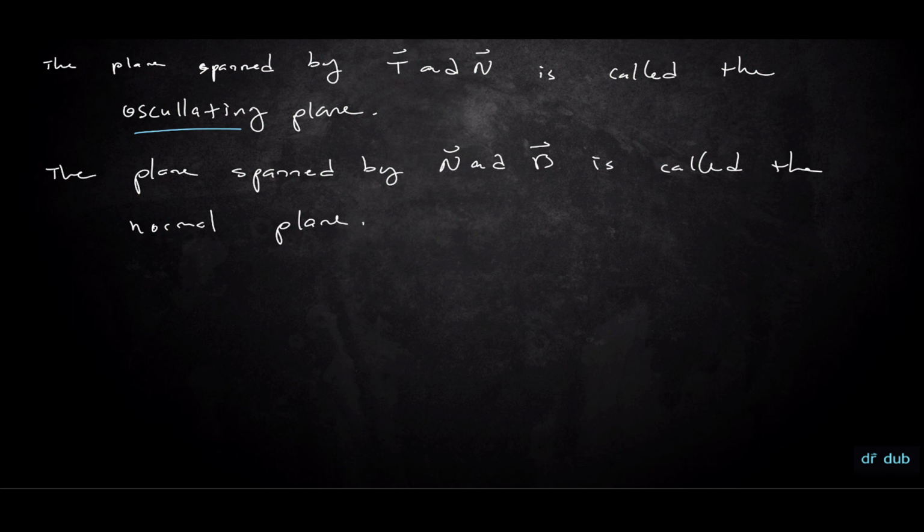These are very useful concepts in the real world. Normal plane, osculating plane. Osculate is Latin for kissing, so it's like just kissing the curve, or tangent to the curve. The osculating plane is pretty much what you are when you're on a roller coaster.